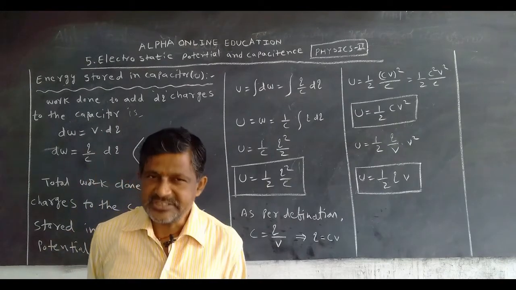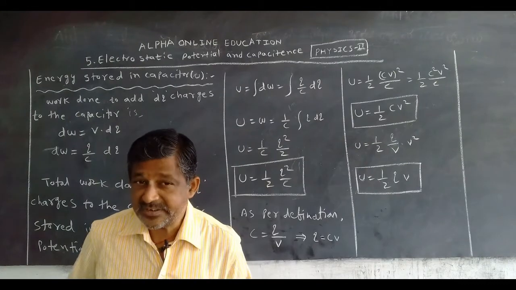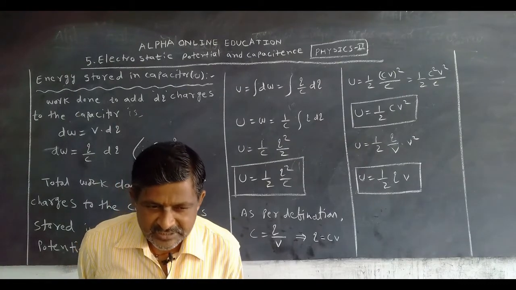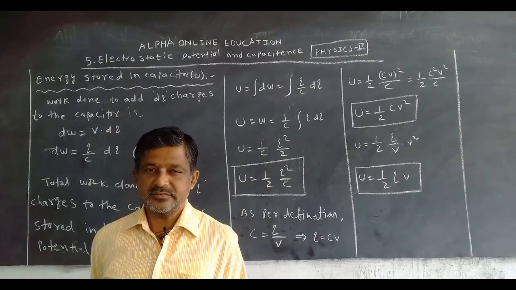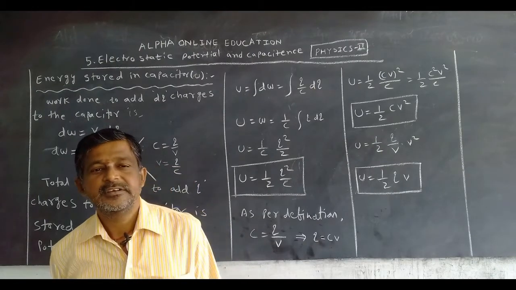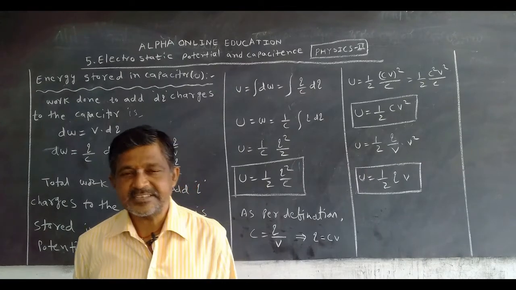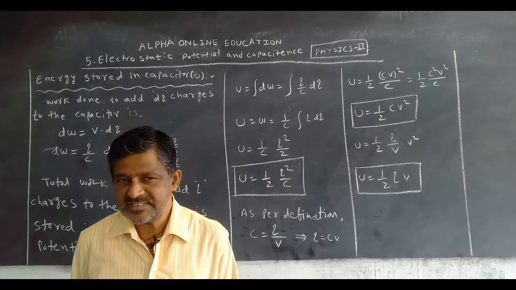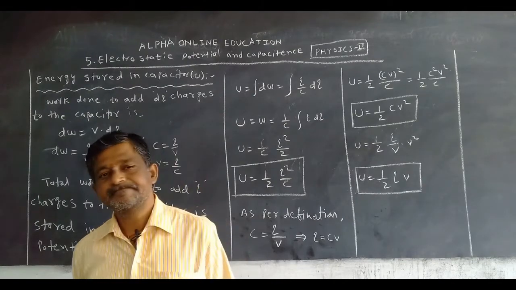Now this stored energy in the capacitor is expressed in 3 forms. We want to derive those 3 forms. One is in terms of Q, C: Q means charge, C means capacity.